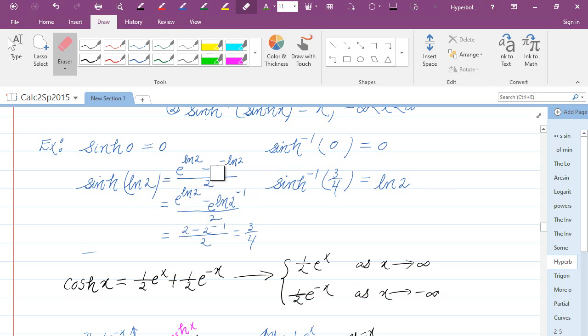Now the negative here, by using one of the log properties, we can rewrite as e to the ln of 2 to the negative 1, which is 2 to the negative 1 by the same property. And then I have 2 minus 2 to the negative 1, which is 2 minus a half. So at the end, if you simplify this, you get 3/4. So hyperbolic sine inverse of 3/4 is ln of 2.